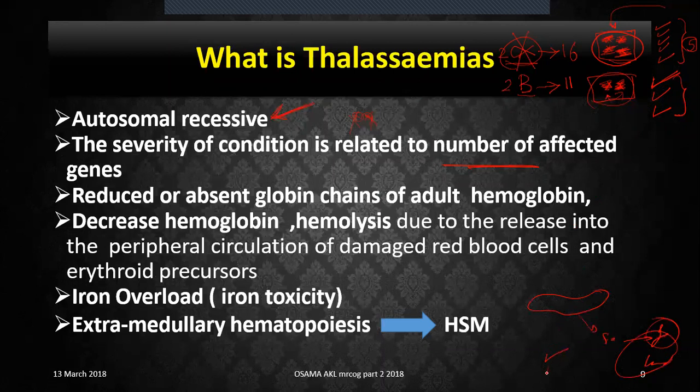You may find diabetes. You may find hypogonadotrophic hypogonadism and infertility. This iron also will lead to iron intoxication of the liver, iron intoxication of the heart, all body organs. So it's not logical to give iron to this woman. Already she has iron toxicity.